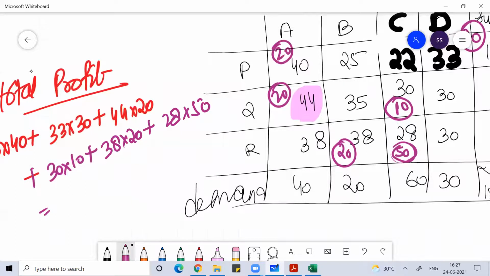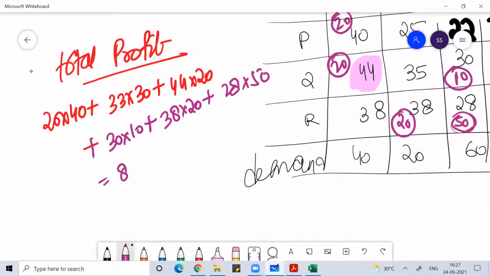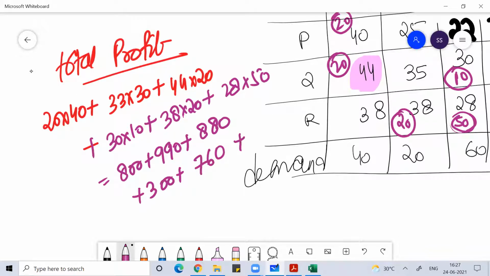Do the sum of this. This would be 800. This would be 990. This would be 880. This would be 300. This would be 760. And 28 into 50 is 1400.